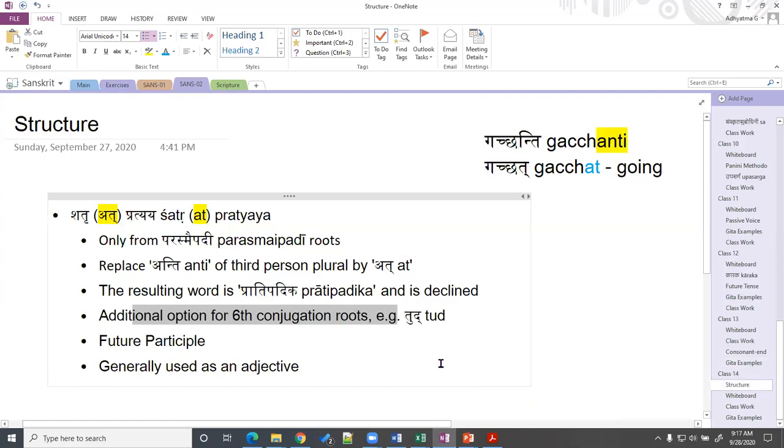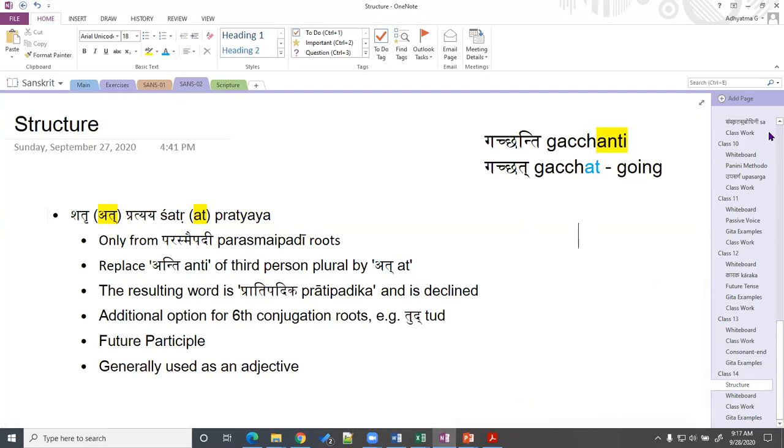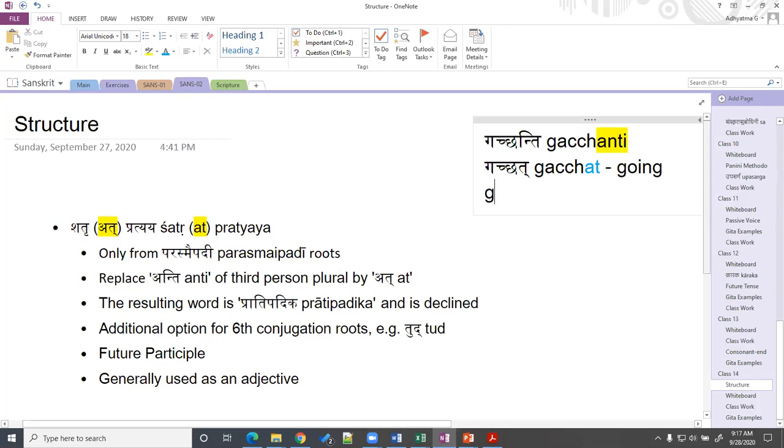What is the additional rule here? For gachat, the feminine is gachanti. But for tudat, it can be either.